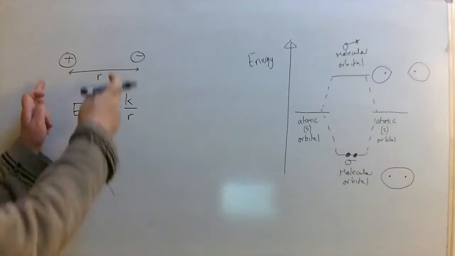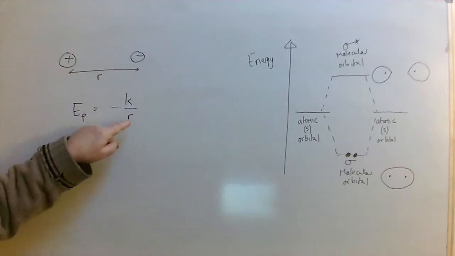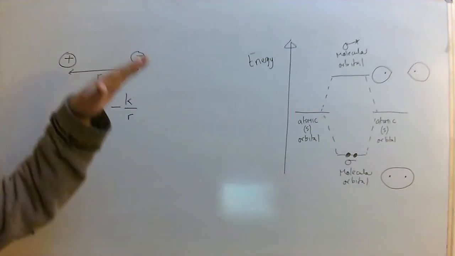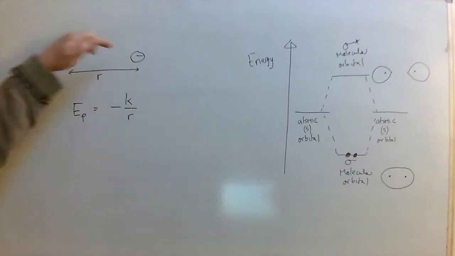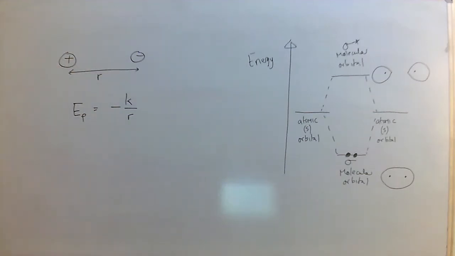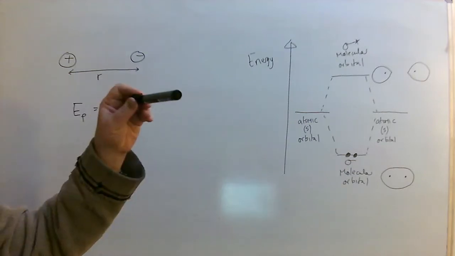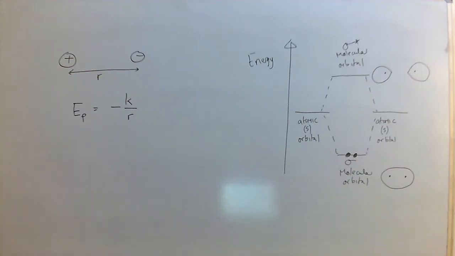So what that means is that if you make that distance smaller, so r becomes a smaller number, then obviously if you divide by a smaller number, the potential energy becomes more negative, so you're moving to a lower potential energy, which makes sense because there's an attractive force between the two, just like there's an attractive force between us and the ground. And we know that as we get closer to the ground, if I drop my pen, it's got higher potential energy now than when it starts to drop towards the ground. So the potential energy decreases as you move in the direction of the attractive force, and the same will be true here based on that equation.